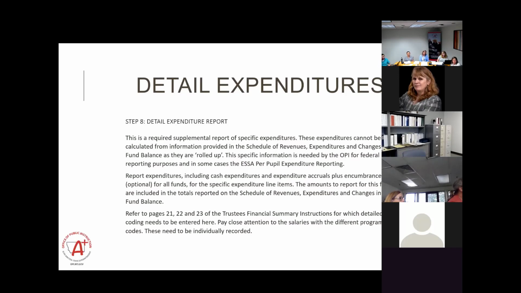Within the instructions, you'll have these step 8 detailed expenditure report. I want to bring you down to the bottom where it says refer to pages 21, 22, and 23 of the trustees financial summary instructions. It'll give you detailed coding that needs to be entered here. Pay close attention to your salaries with the different program codes. These need to be individually recorded.